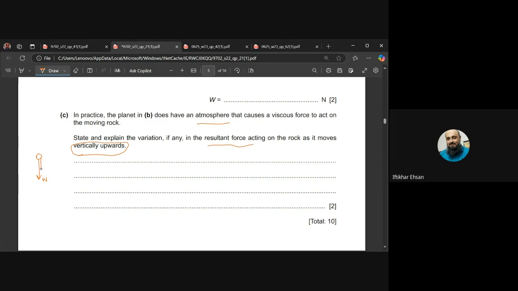So the drag force will also be downward, and both are in the same direction, so they will add to give you the resultant force. The resultant force will increase, right? So moving upward, there will be a downward drag that will add up to the weight mg, and there will be a larger resultant force now.